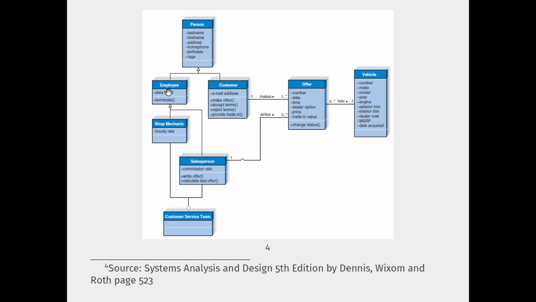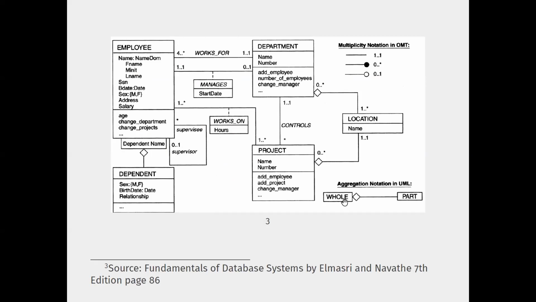Similar to that, an employee can be further classified as shop mechanic and salesperson, and the salesperson writes the offers, right? And then both the shop mechanic and the salesperson will be part of the customer service team.